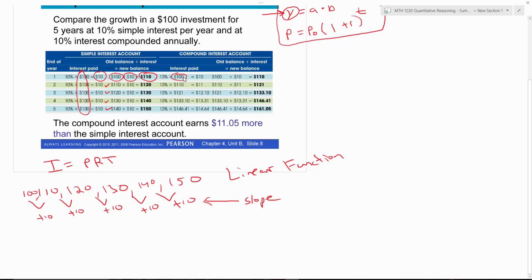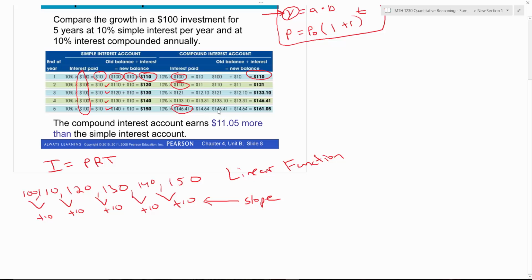We start out with $100. I take 10% times 100, and I get $10, which means I get a balance of 110. But then notice in the next year, end of year 2, we take the end of year 1 balance, and that's my principal. So I take 10% times the old principal each time. Like here, year 5 uses the year 4 principal.